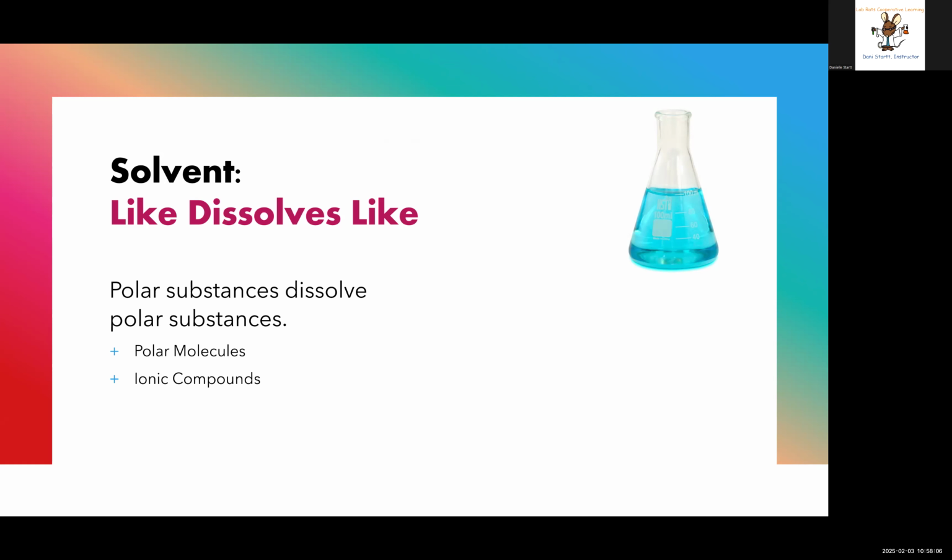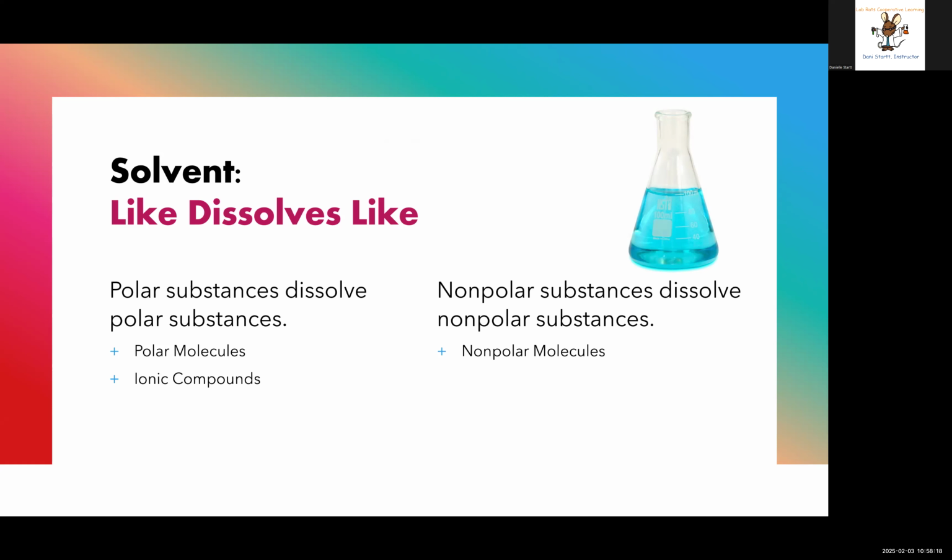Remember last week there was a little cartoon in the slideshow that said something about polar bears dissolving in water? There you go. Nonpolar substances dissolve nonpolar molecules. Nonpolar molecules and organic compounds are soluble. So like dissolves like. Commit that one to memory.